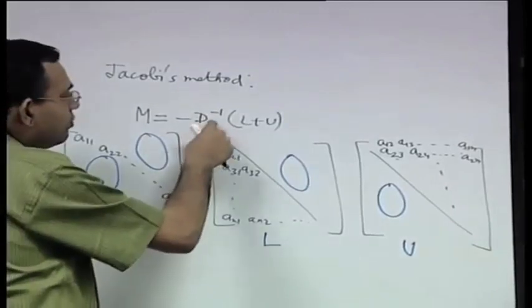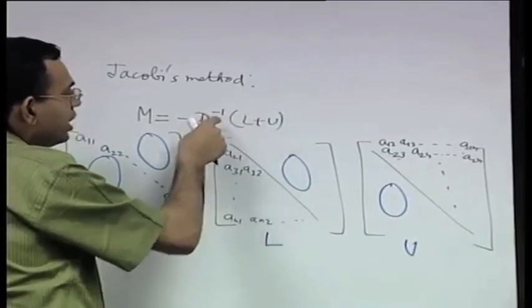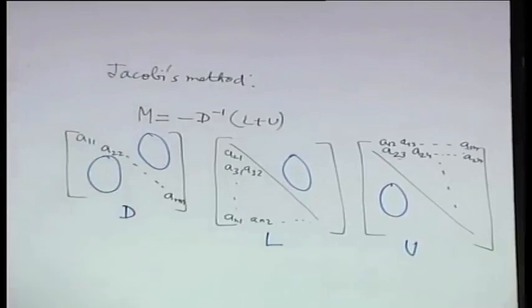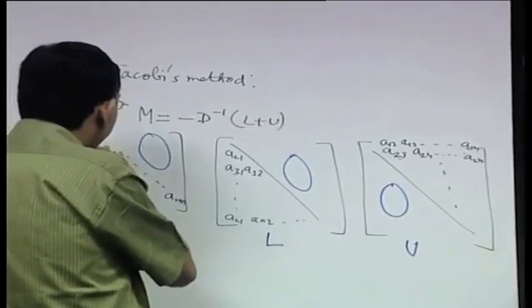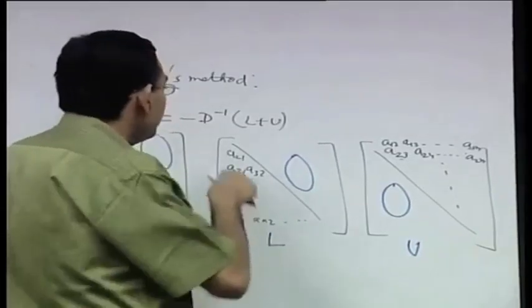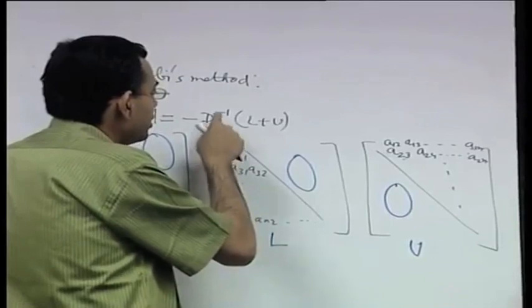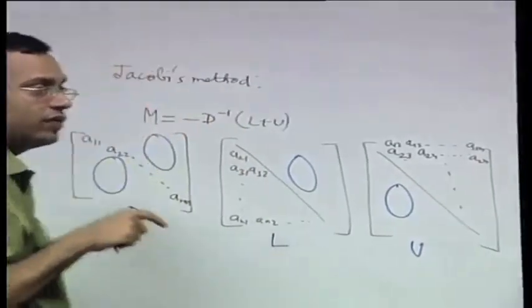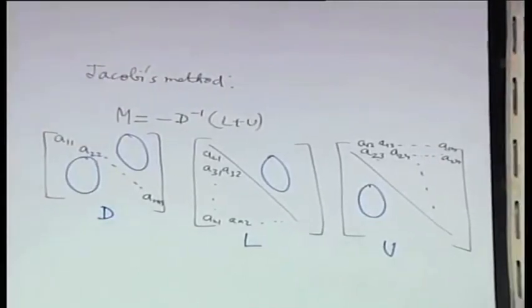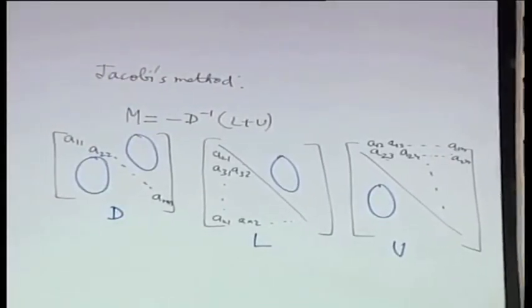Now, D inverse into L plus U. D inverse roughly represents what? Remember the diagonal for each row contains only one number. So, D inverse roughly represents the division by the diagonal component of the matrix. For a single scalar number, inverse is 1 by that one.